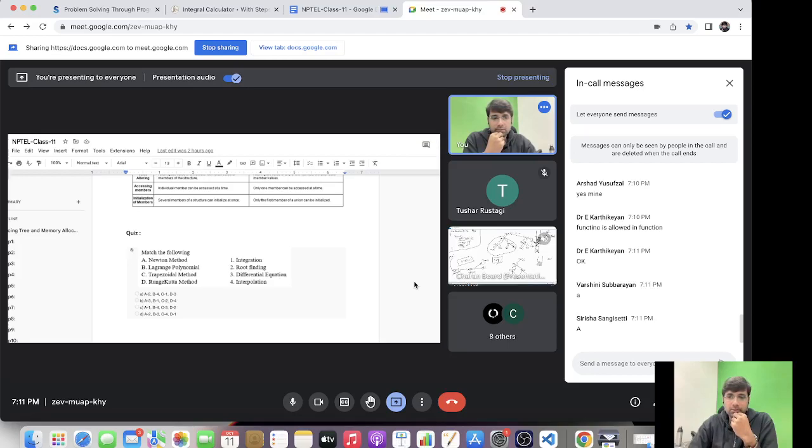A is the right answer, because the trapezoidal method is used for integration, Lagrangian is used for interpolation, the Newton method is for root finding, and the Runge-Kutta method is used for differential equations. So option A is the right answer.